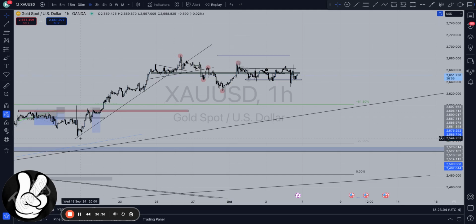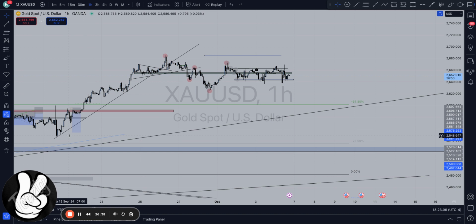But right now, see the structure. Structure right now is point A, point B, point A. So it broke this lower high point. A brand new impulse, and we have this correction with consolidation all throughout this area.